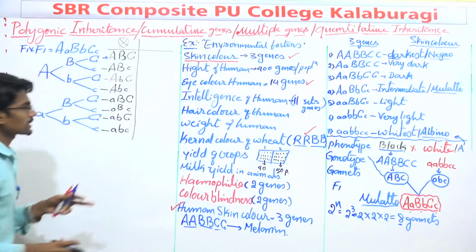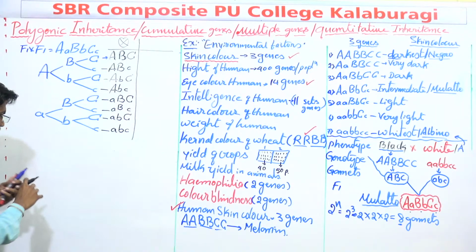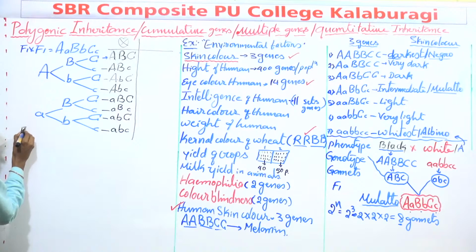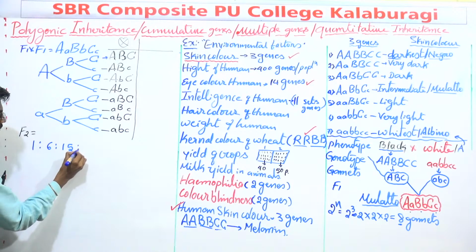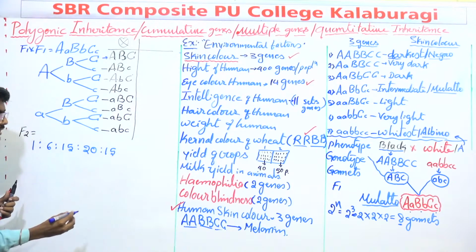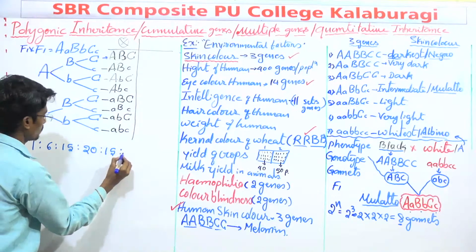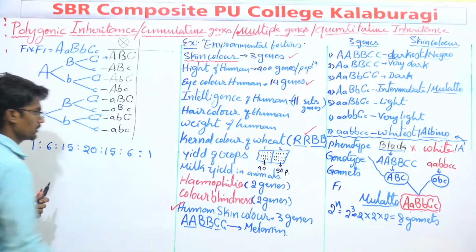Here, after all this crossing, what is the possibility of phenotype? The phenotypic ratio of the F2 generation is 1:6:15:20:15:6:1.